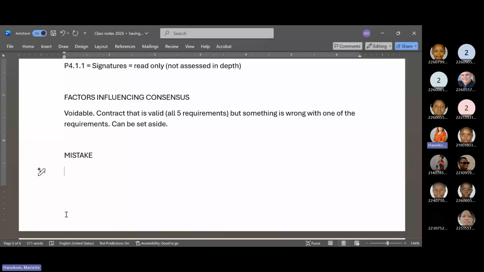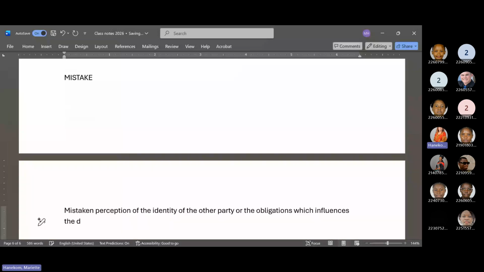It's a misunderstanding, a mistaken perception of the identity, the other party, or the obligations which influences the decision to contract.